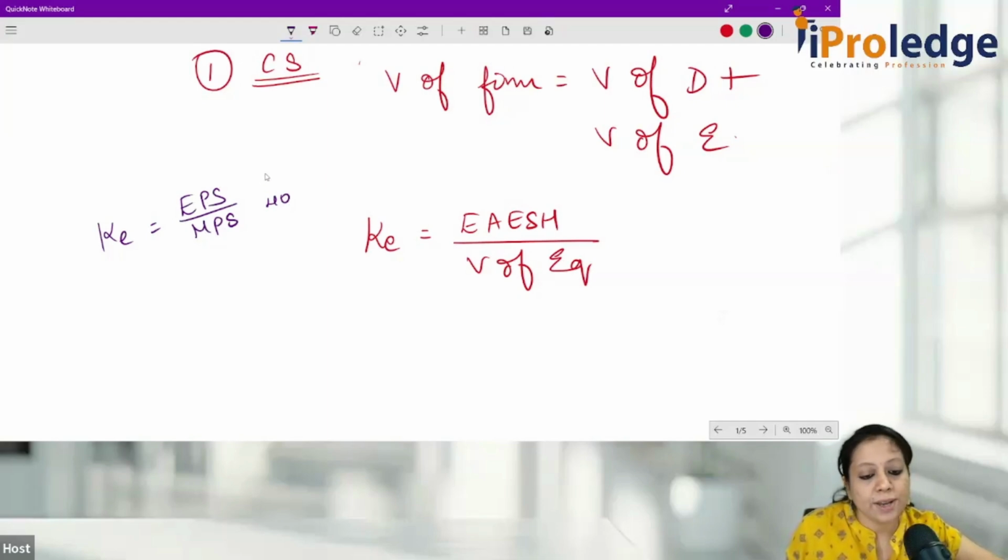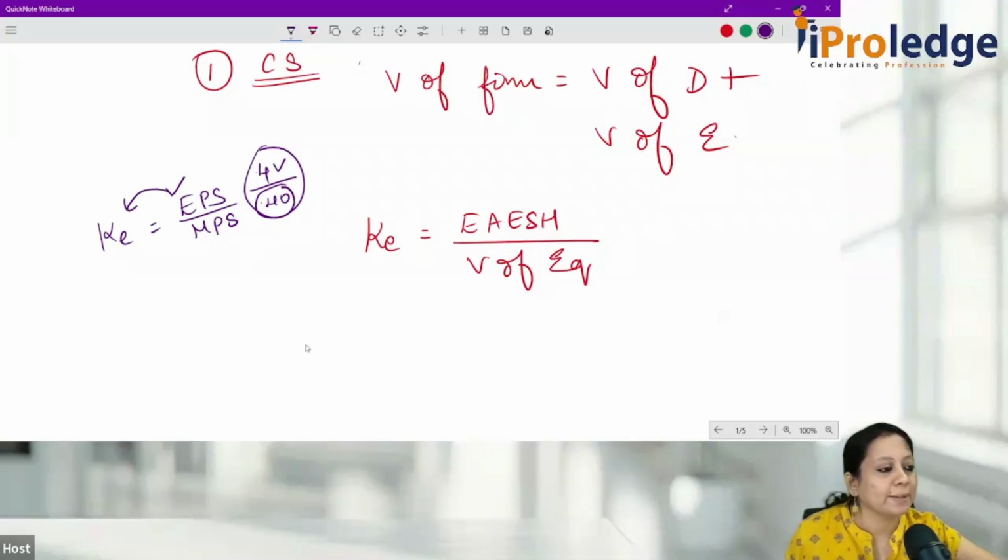And earnings per share is, say, for example, 4. So this is the cost to the company because I need to pay 4 to the shareholders while 40 is the price at which my shares are trading. So out of 40, you need to pay 4. Something like that I want you to imagine.